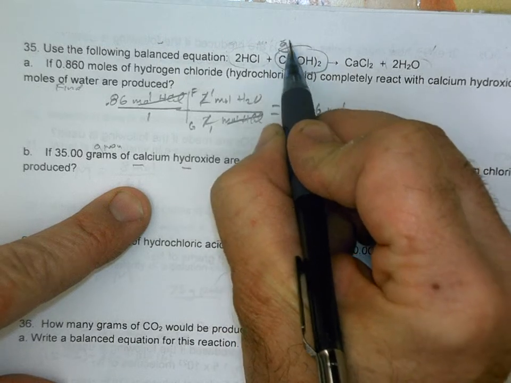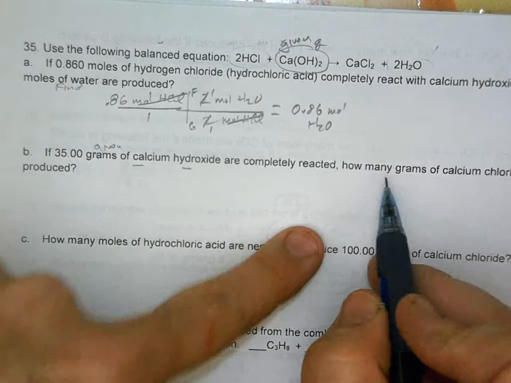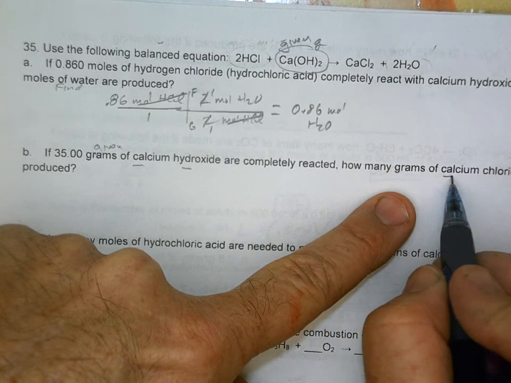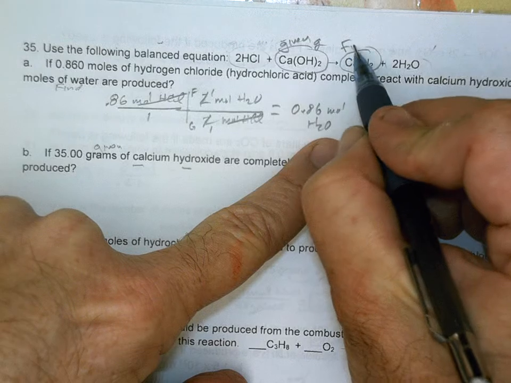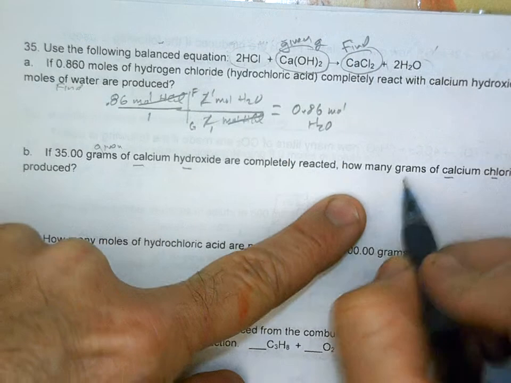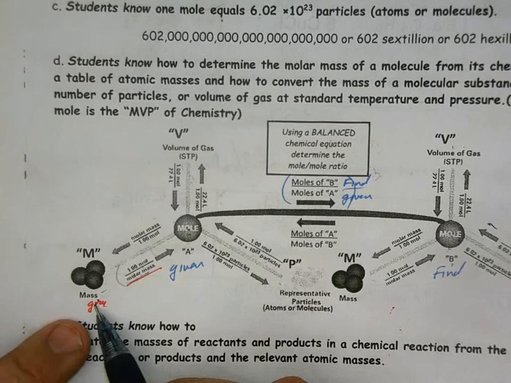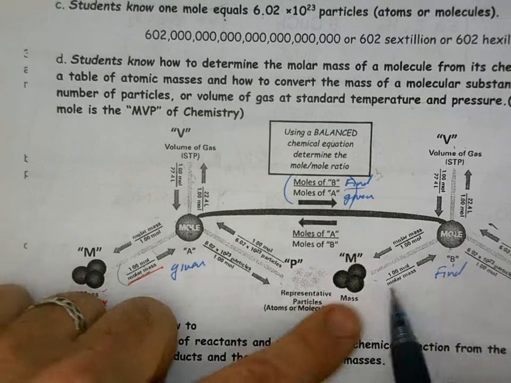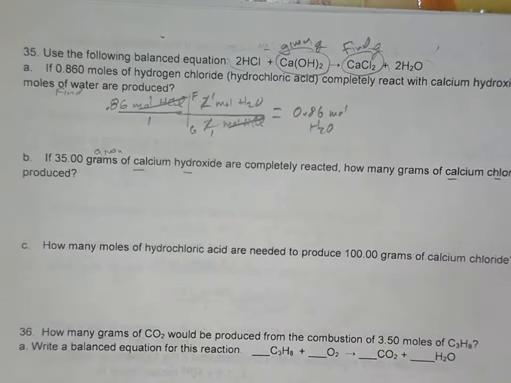This is our given, and we're at grams. How many grams of calcium chloride? This is what we're trying to find, and we want grams. Kind of a bummer because we've got to do a full grams to mole ratio back to grams. We can't take any shortcuts, so we just have to do a full conversion.